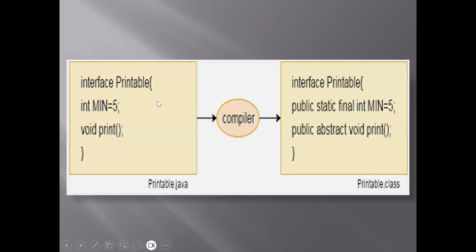Again, here in the interface Printable, if I create a class called class A and I make class A implement Printable, it forces class A to override this print method here.